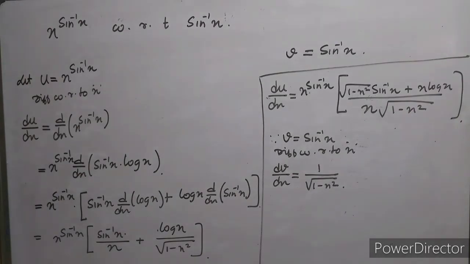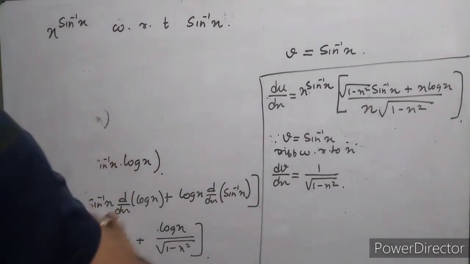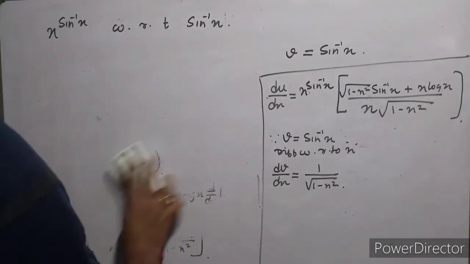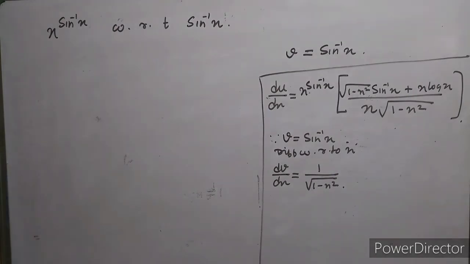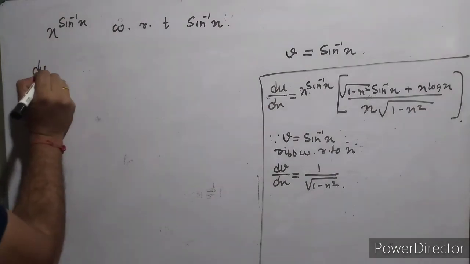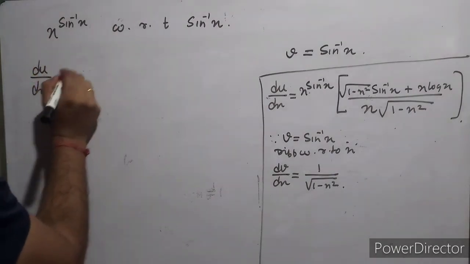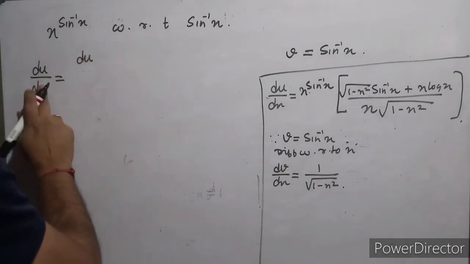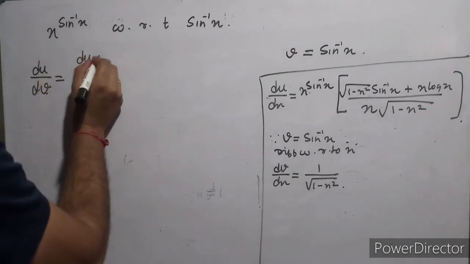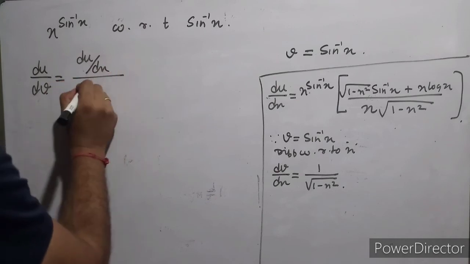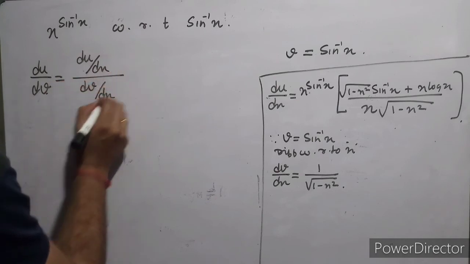After getting du over dx and dv upon dx, next we have to calculate du by dv, which is given by du by dx divided by dv upon dx.